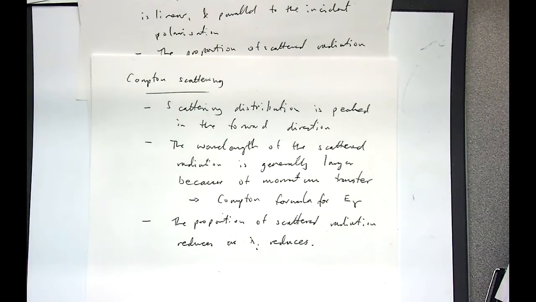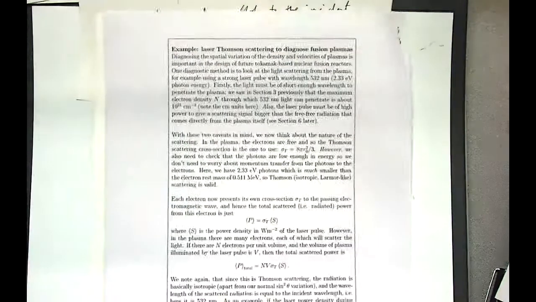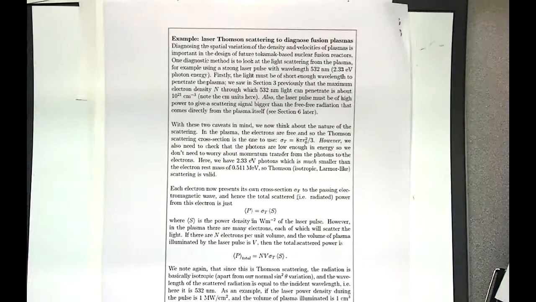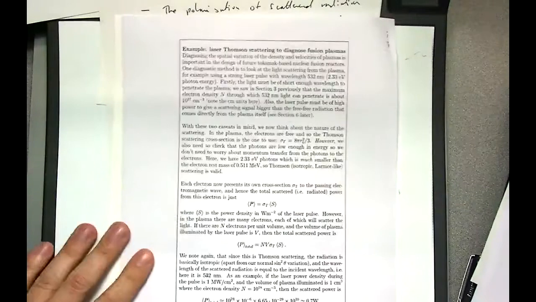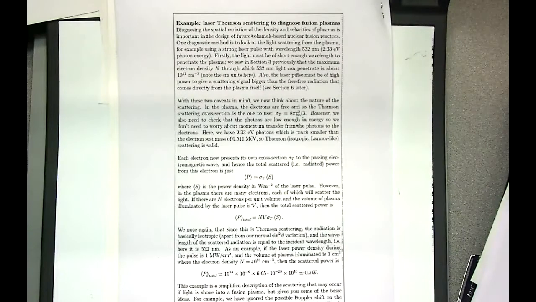Now we talked about single photons all the way through. An important thing to look at is this example, which I'd like you to work through. It's in the back of the section 4 notes. There's a worked example in the example sheet, but try and just do it anyway.